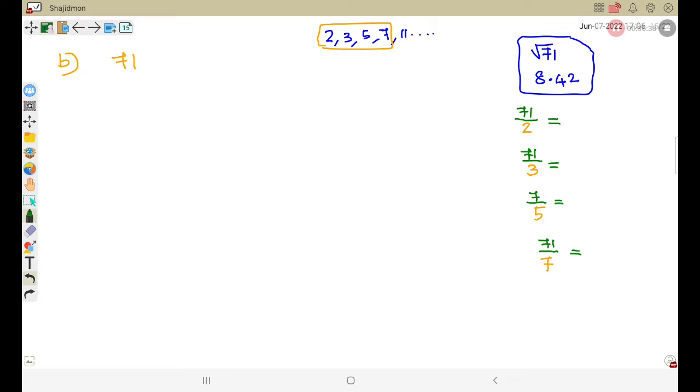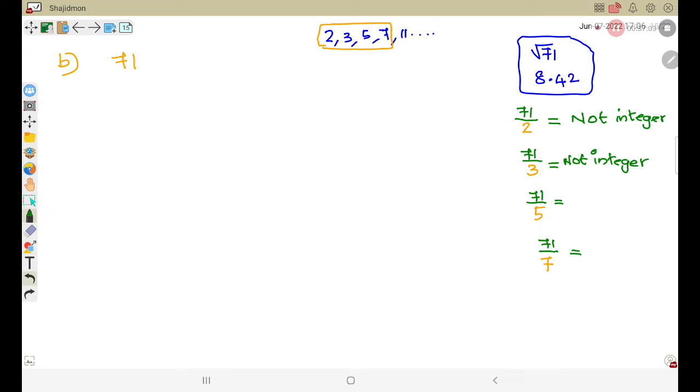No, because it is 35.5, not an integer, correct? Now I can write here not an integer. Now 71 divided by 3, you can check, that is also not an integer. You can write no or not integer.